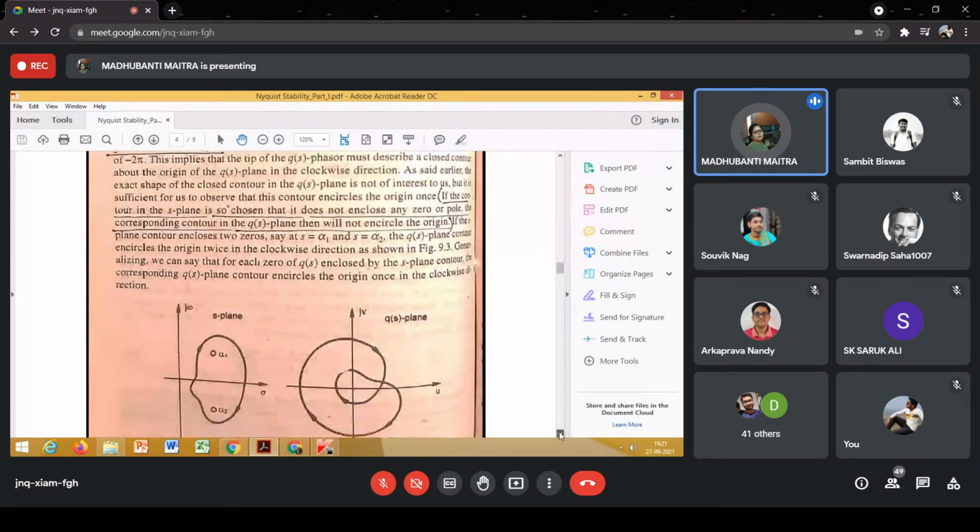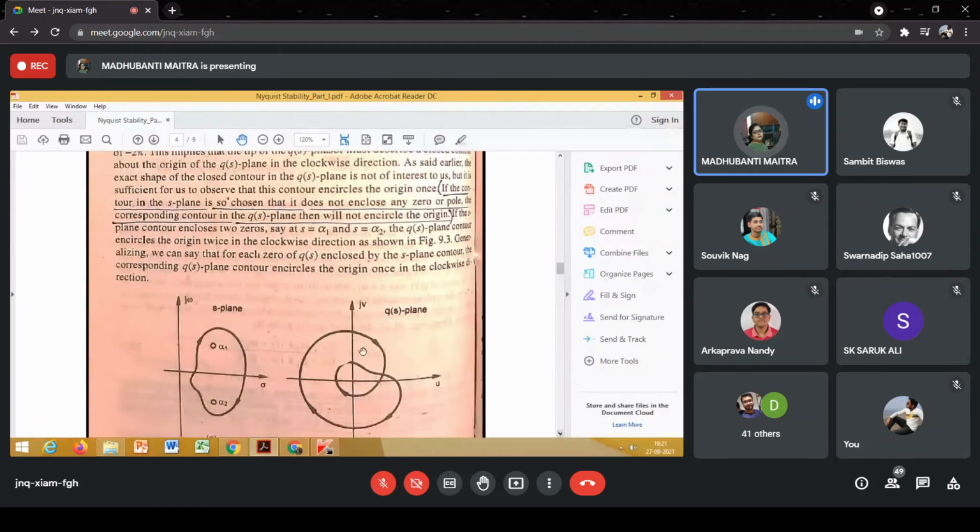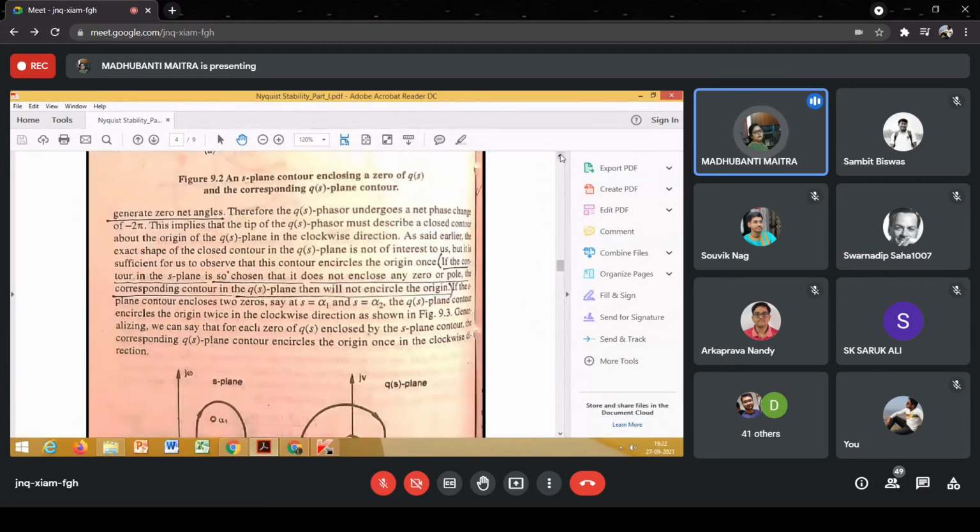Now if we assume that two zeros of QS, alpha 1 and alpha 2, are being enclosed by the S-plane contour like this, we can apply the same logic.